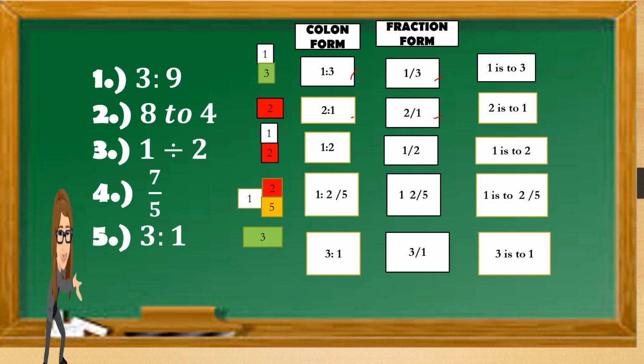And number 4, we have 1:2/5, or 1 and 2/5. And in number 5, we have 3:1, or 3/1, and 3:1. Okay, very good.